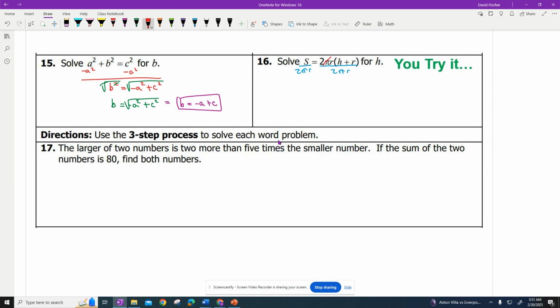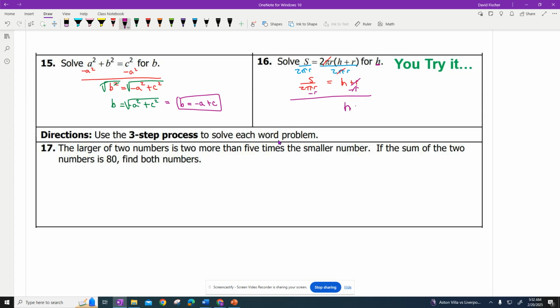Now, these go away. I just have an h plus r on this side. I don't need the parentheses anymore. And on this side, I have s over 2 pi r. Keep focusing on what letter we want: the h by itself. I want to get rid of that r now, so I want to subtract an r from both sides. And I want to go for my final answer now, because this one looks really weird. Whoops, it's an h.